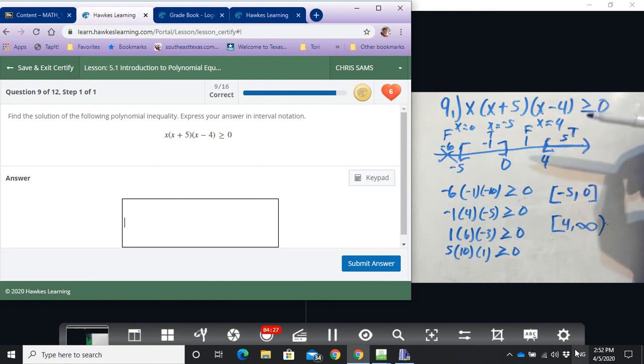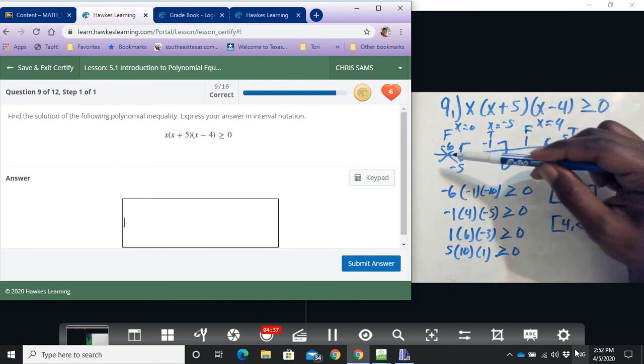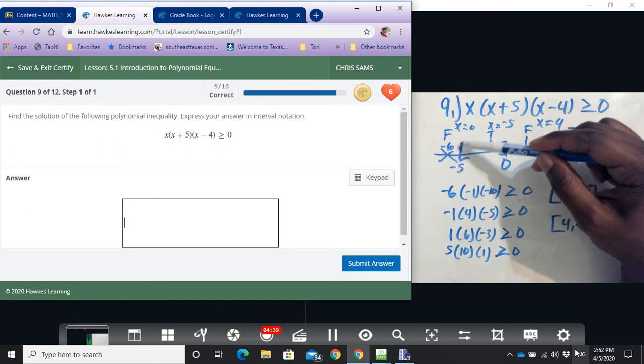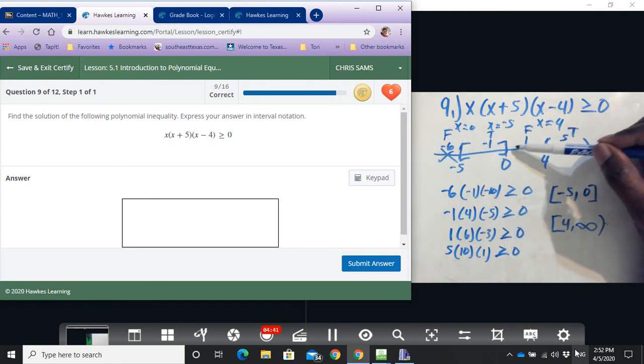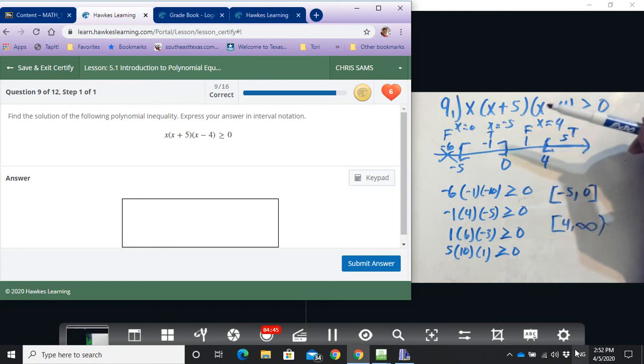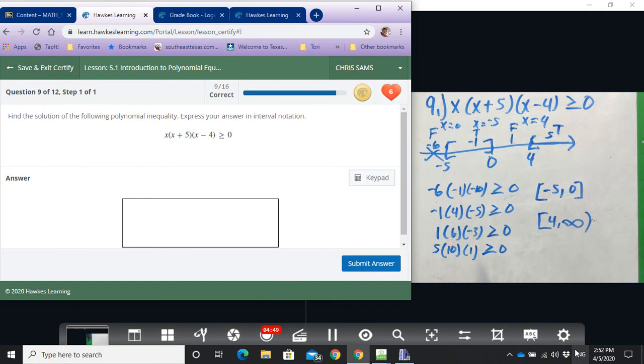Now before we finalize this, let's make sure that these endpoints do in fact work. Just because we have equal to doesn't mean that it's going to be included. Maybe 5 was included in that side, and maybe I need to put a parenthesis here, and maybe 0 is included in the middle, and I need to put a parenthesis here. So let's check those. I really want to check a couple more points just to be sure.